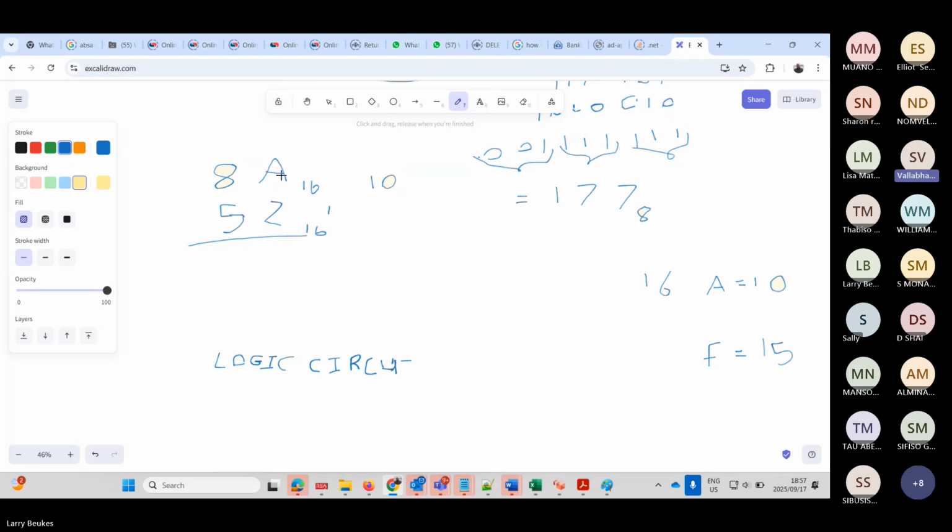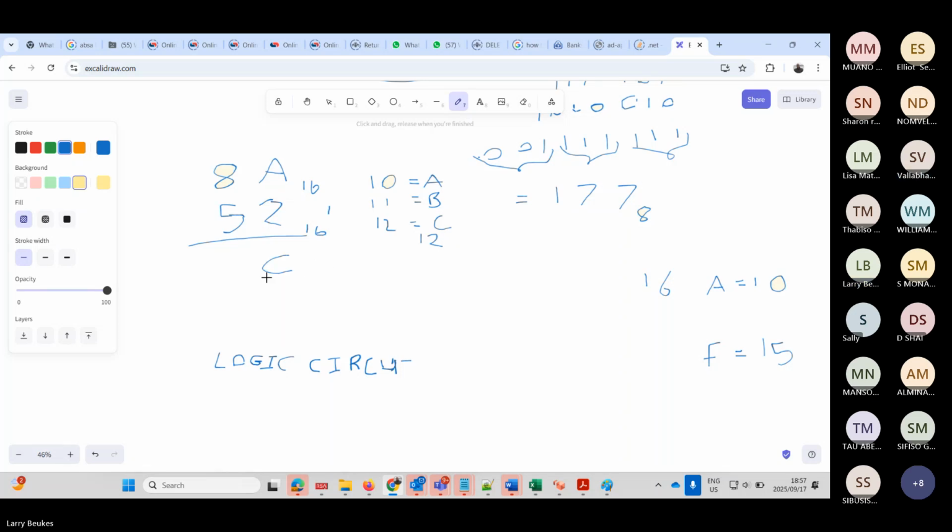So you should always remember that 10 is A. You should think in your mind that A is 10. So 10 plus 2 is 12. But what is 12 in hexadecimal? C. 11 is B, 12 is C. So the value here will be C, right?